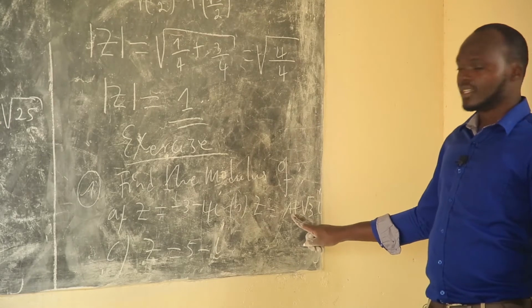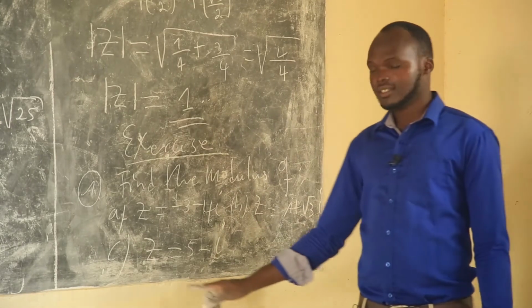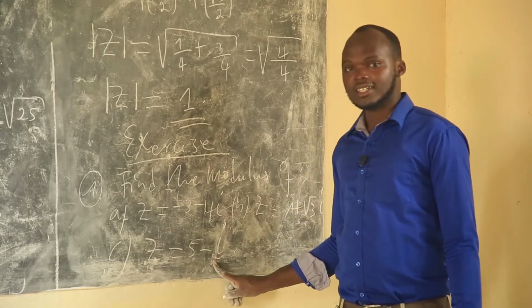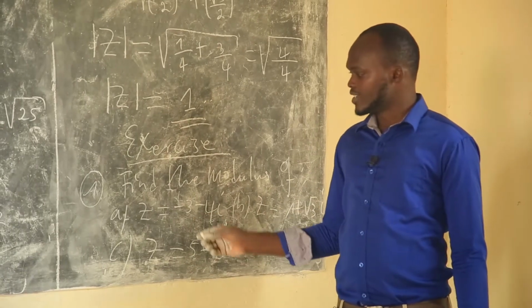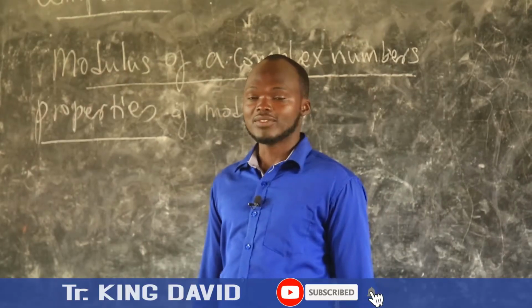B, z equal to 1 plus root 3i. C, z equal to 5 minus i. So you have to do this exercise.